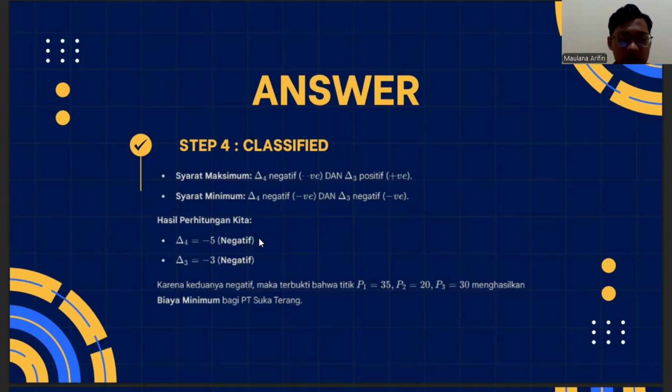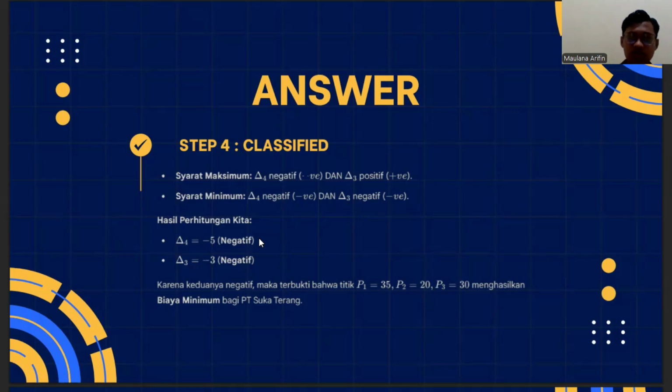In step 3, the determinant of matrix 4 and the determinant of matrix 3 are negative. So this proves that P1, P2, and P3 will give the minimum cost for PT Sukaterang.